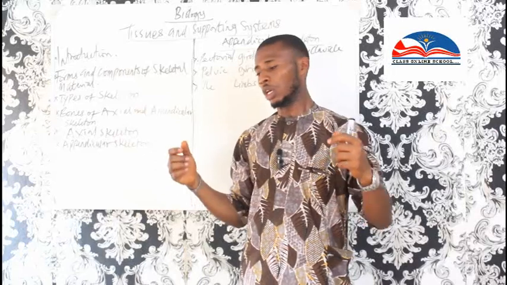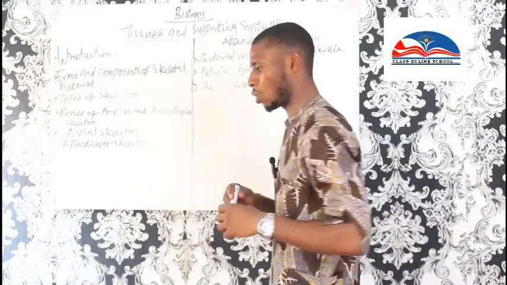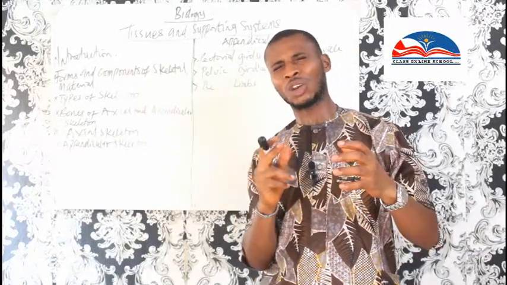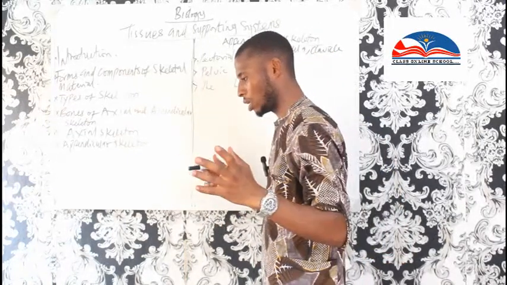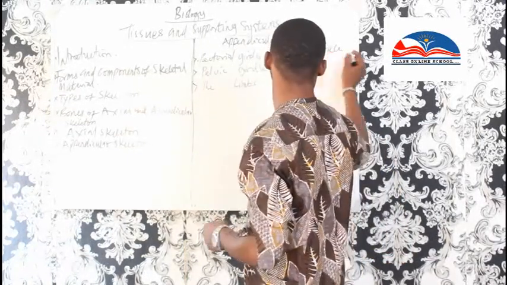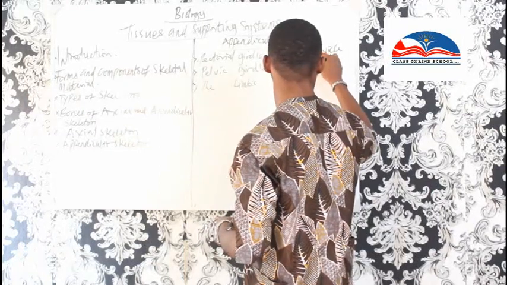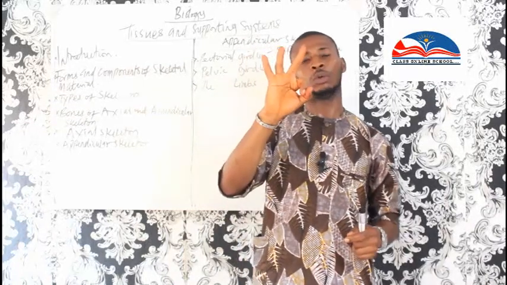After the clavicle, we see the one we call the cervicoid, if I'm not mistaken. Those are the 3 bones that are found here.